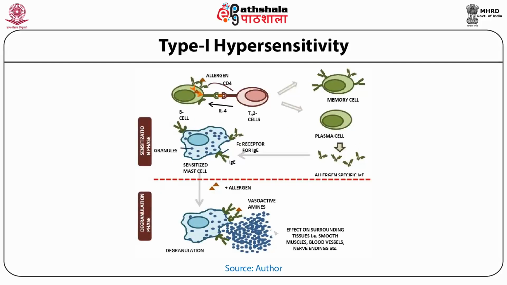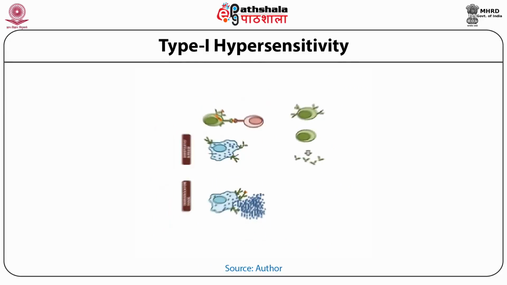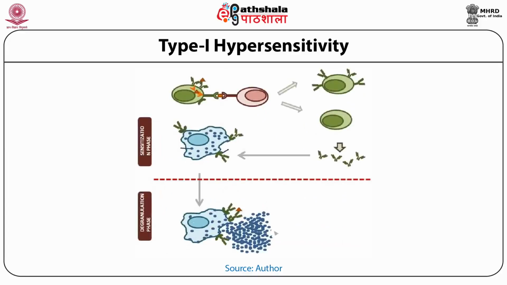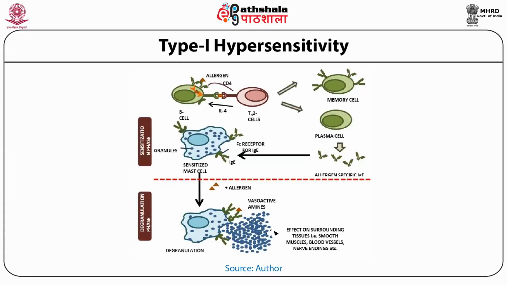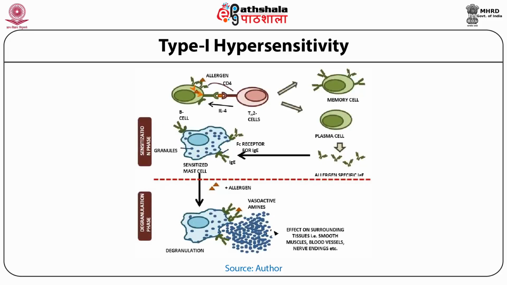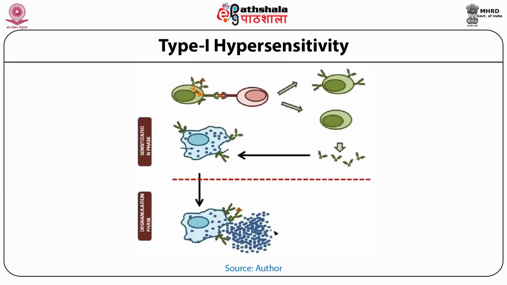The later exposure to the same allergen causes cross-linkage of these membrane-bound IgE on sensitized mast cells and basophils, causing their degranulation. These granules release pharmacologically active mediator molecules, that is, histamines, which primarily cause vasodilation and smooth muscle contractions in a very localized manner or maybe systemically.